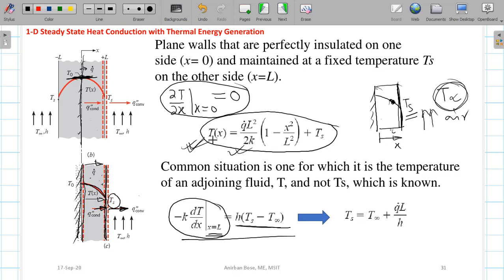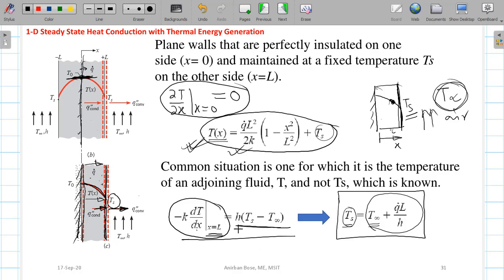And already you know the temperature field, so you can find out what is dT/dx. Just differentiate this one and put x is equal to L. You will get this relation: Ts is equal to T infinity plus q dot L divided by h. So this is the relationship between Ts and T infinity. So you need not know what Ts is. If you know this relationship, definitely with the help of T infinity you can find out any intermediate temperature. Just simply put the Ts as this.